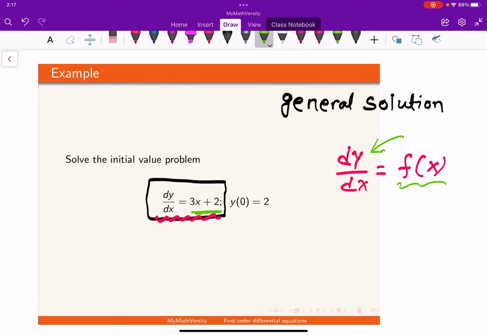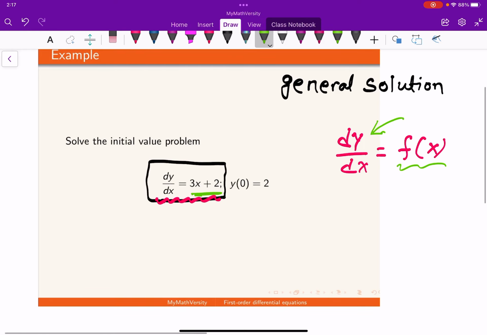How would you figure out a function whose derivative is something? We cannot always figure it out easily, but for some functions we can find the antiderivative. If you are looking for a function y whose derivative is f, you just need to find the antiderivative of f of x and see if we can find that.